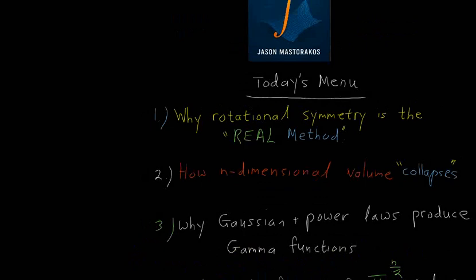Okay, so number one is why rotational symmetry is the real method for doing these types of problems. Two, how n-dimensional volume collapses. That's another thing that's very important. Three, why Gaussian and power laws produce gamma functions. Number four, where the factors of pi to the n over 2 and powers of 2 come from.